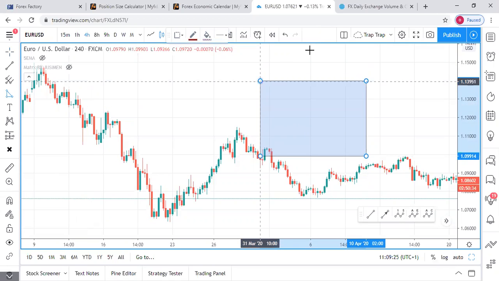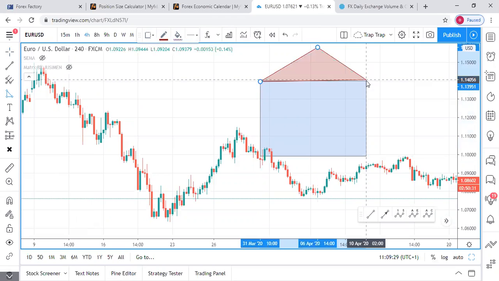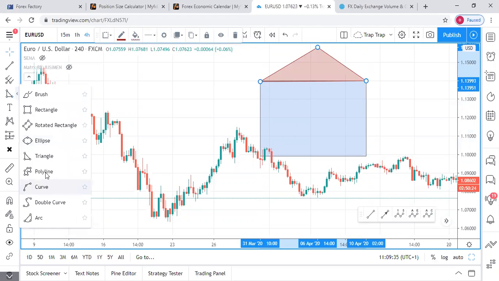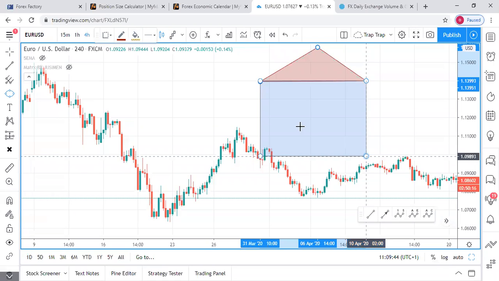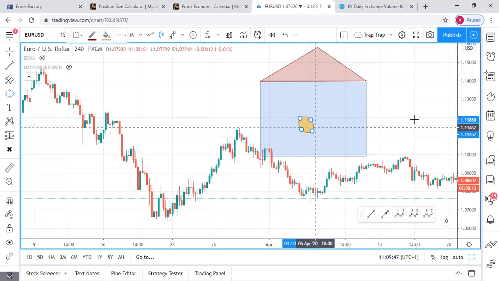So assume that you have a house like this. And inside this house, you have something that looks like a football.